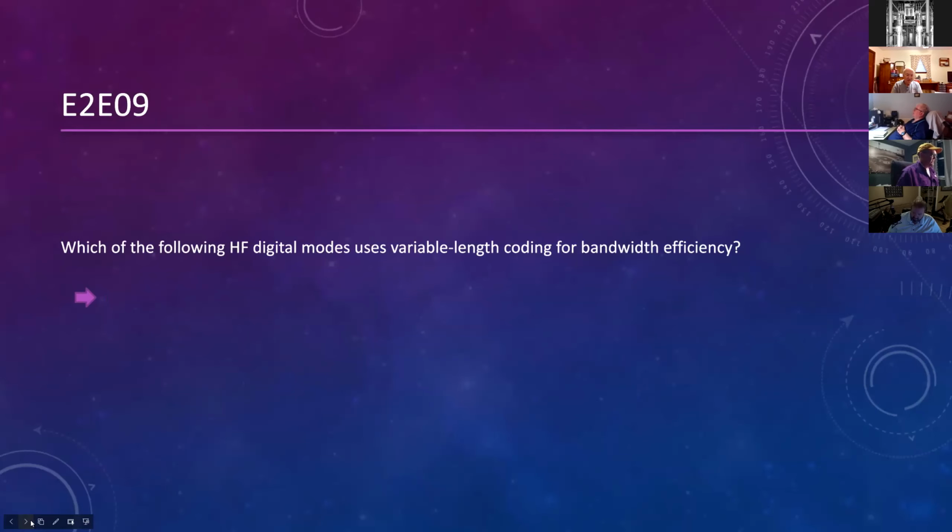Which of the following HF digital modes uses variable length coding for bandwidth efficiency? Okay, 31. And which of these digital modes, 31? Kind of goes hand in hand with it being variable length.